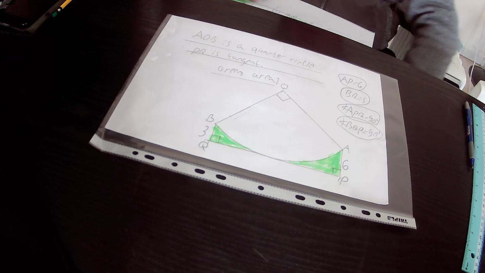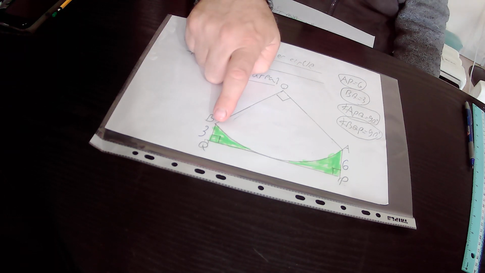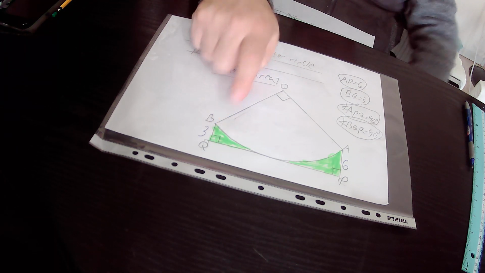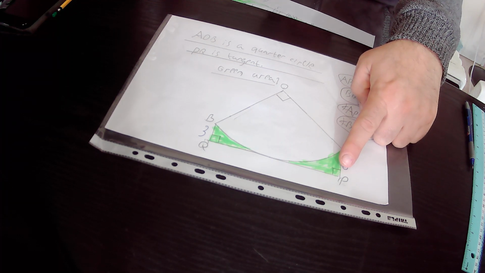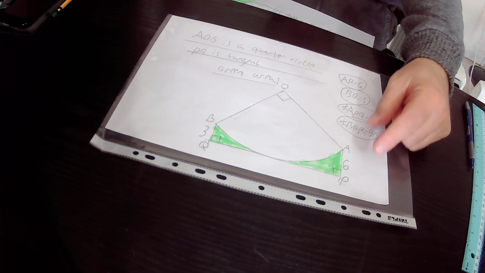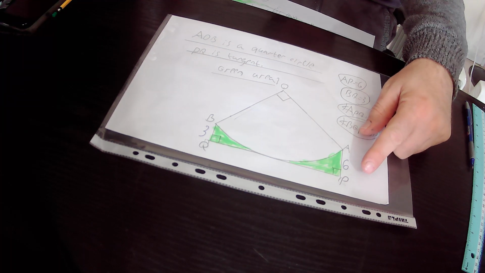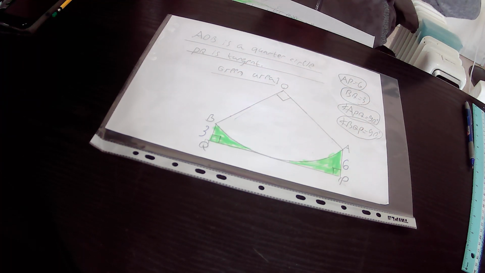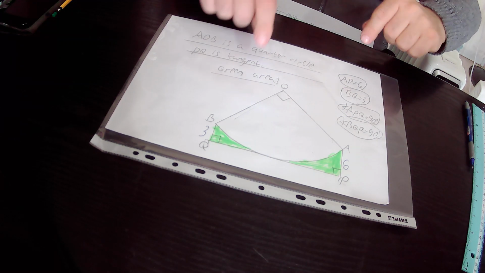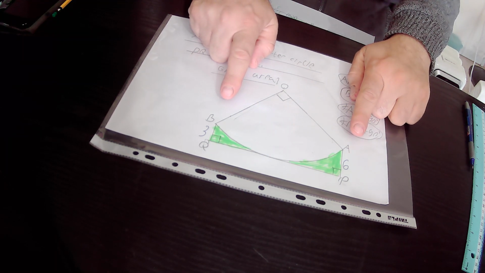In addition, we know that angle BQP is a right angle, and angle APQ is also a right angle. Side AP equals 6 units in length, side BQ equals 3 units in length. Again, our mission is to find the area of this green shape.